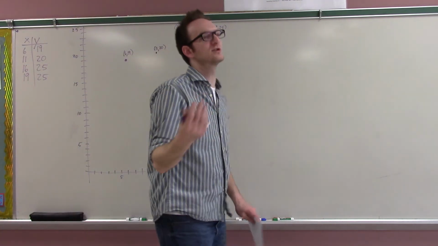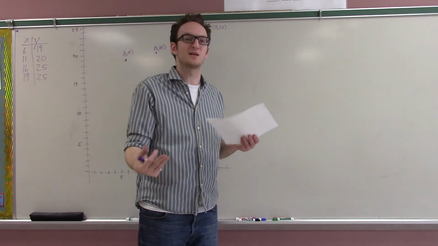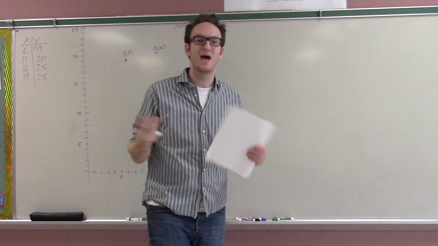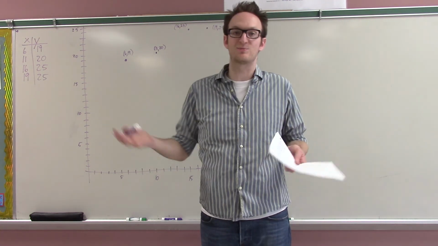I want to encourage you to realize that there's not just one line of best fit. There are many different ways to come up with a quote-unquote line of best fit. One way is just to look at it and draw a line that seems to mostly go through the points as best as you can.